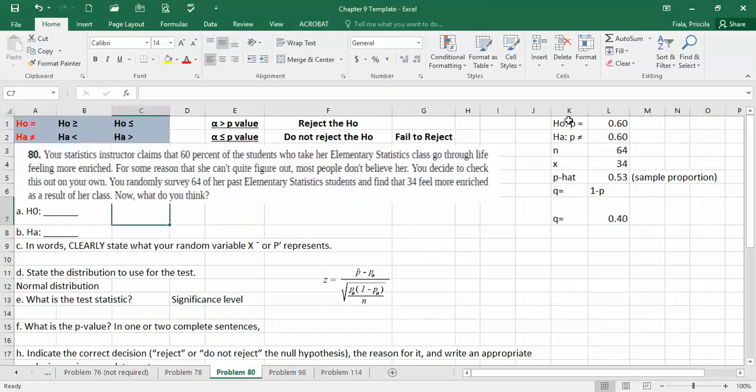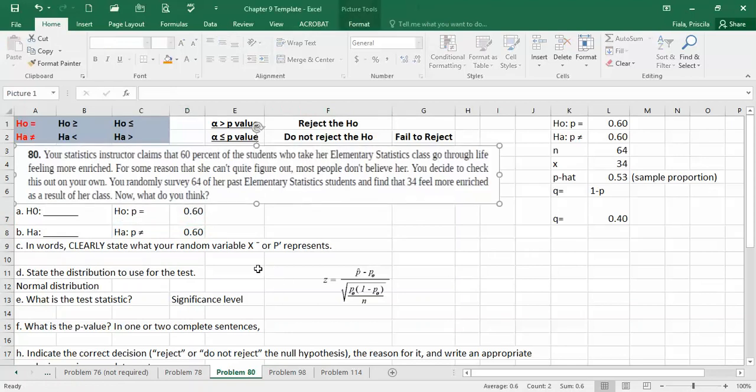By stating your null hypothesis, remember I'm going by Appendix E from your book. So I'm answering A, null hypothesis. B, your alternative hypothesis. I really tried to get rid of this noise on the errors, and I was not successful, and I apologize for that. Okay, here you go.